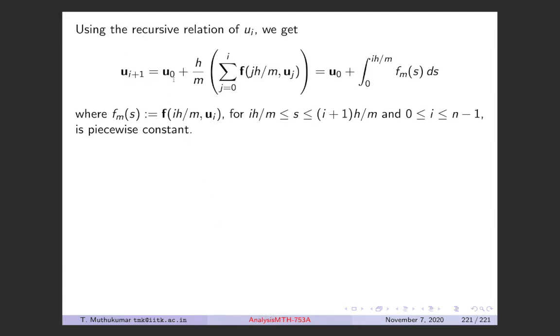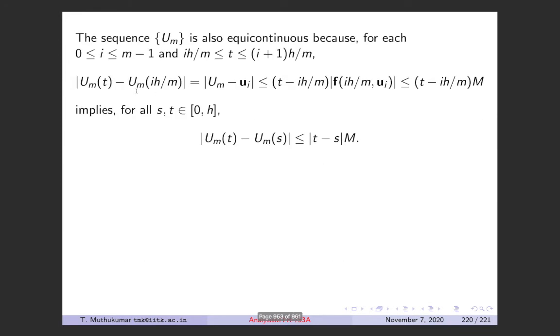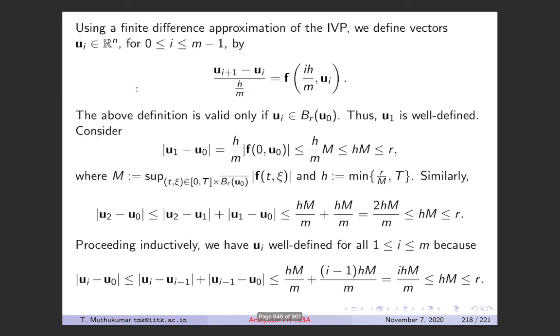You remember the finite difference approximation that I wrote down? Let me just show you that again. In this, we have written down this. So you have u_{i+1}. I can bring everything here, take h over m here and u_i that side. So u_{i+1} is equal to u_i plus h over m of this, and apply the formula for u_i recursively.